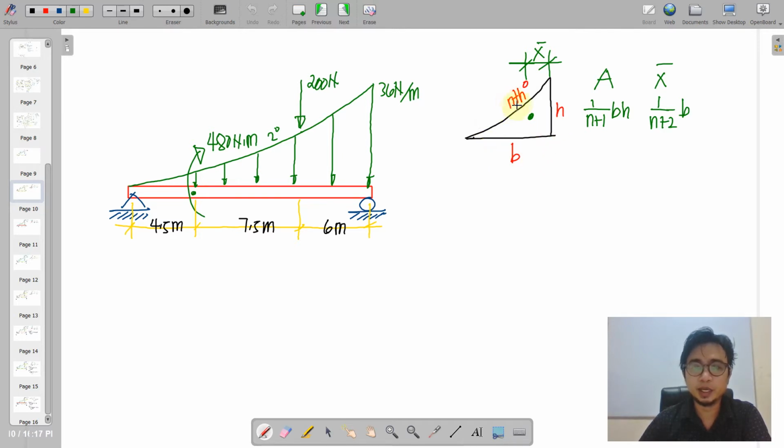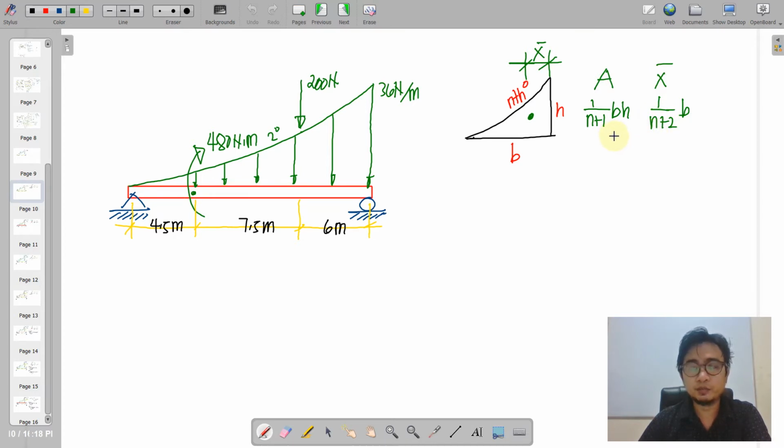Of course, nth degree here could be a straight line or any degree. The area is just equal to 1 all over n plus 1 base times height. And the centroid is located, measured from the height, that is in terms of x bar, that is 1 over n plus 2 of the base.